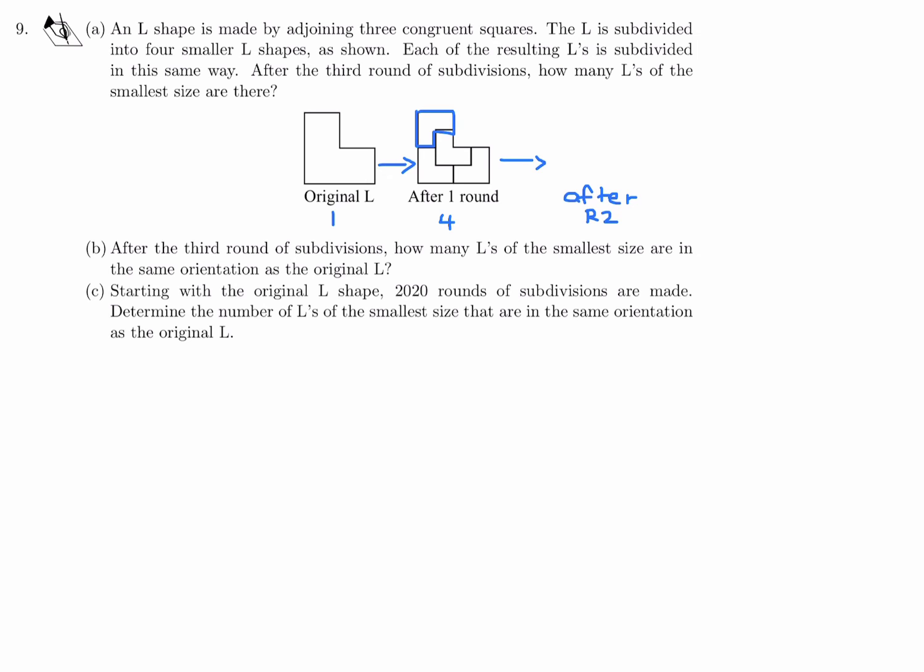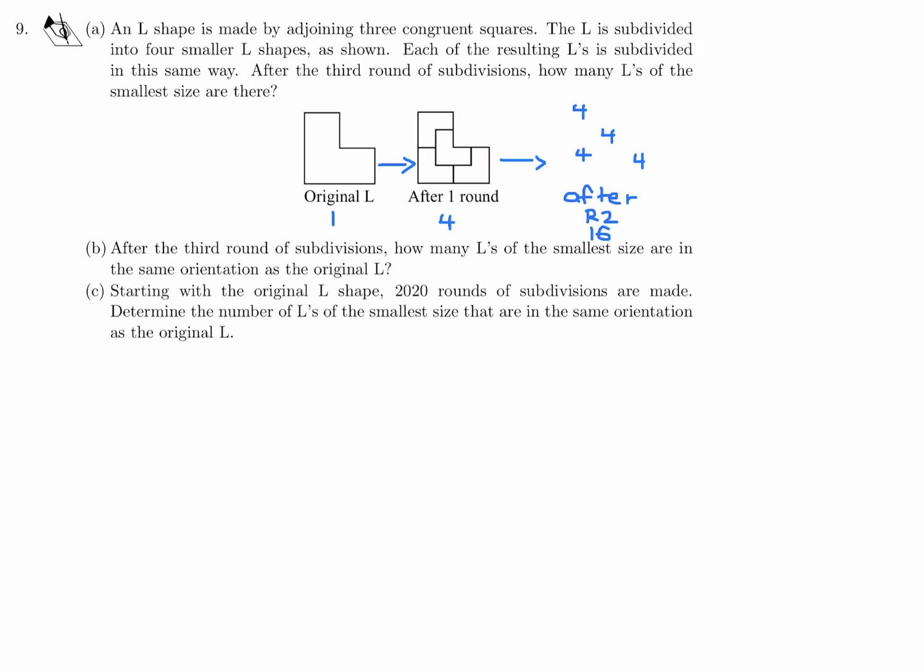So this guy, for example, will be subdivided into 4. This one will be subdivided into 4. This one will be subdivided into 4. And this one will be subdivided into 4. So after round 2, we'll have 16 of those L shapes.